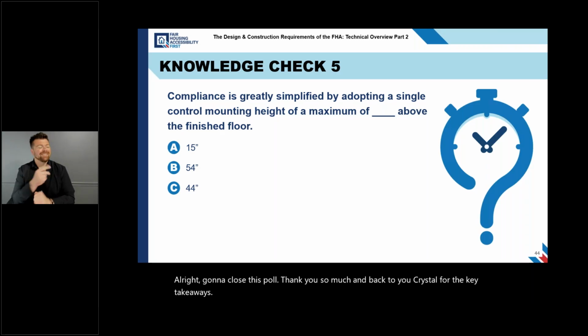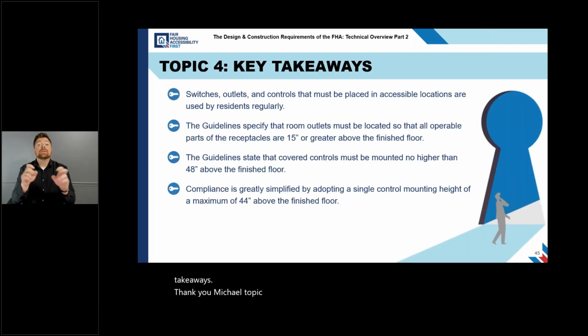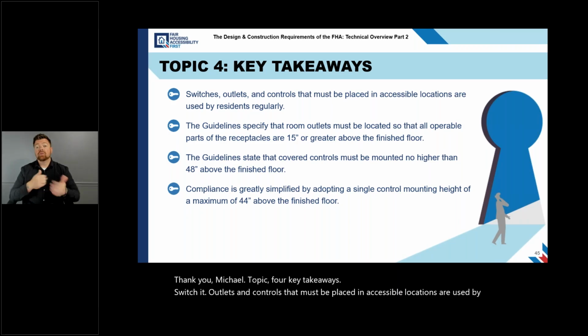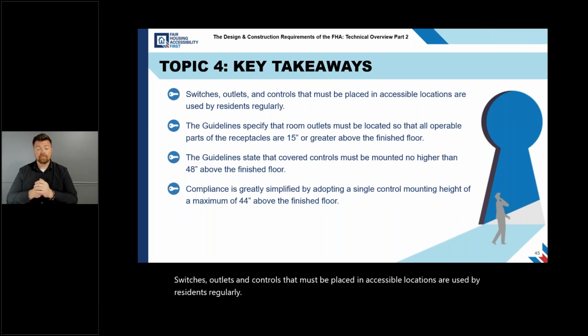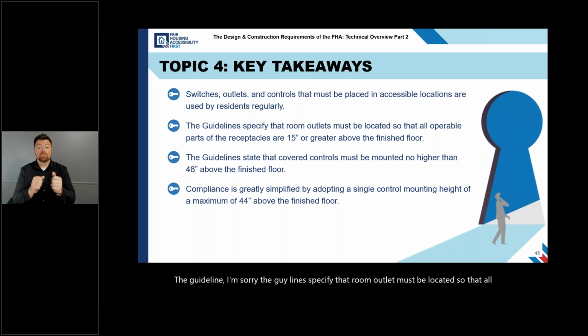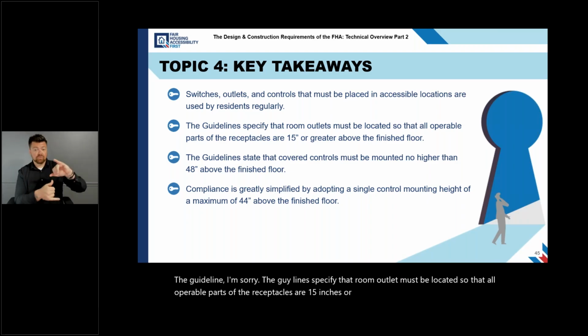Thank you, Michael. Topic 4, key takeaways. Switches, outlets, and controls that must be placed in accessible locations are used by residents regularly. The guidelines specify that room outlets must be located so that all operable parts of the receptacles are 15 inches or greater above the finished floor.